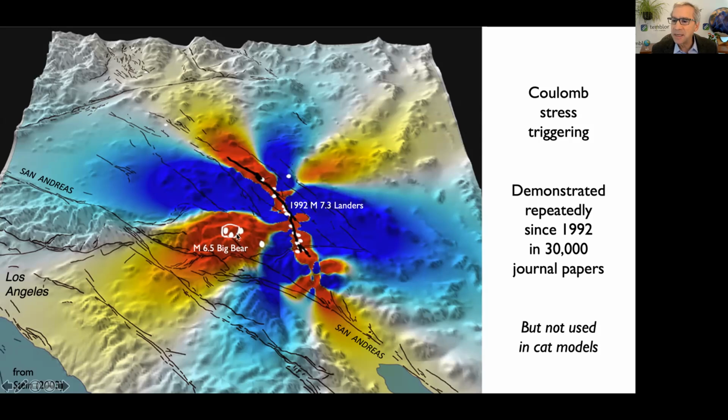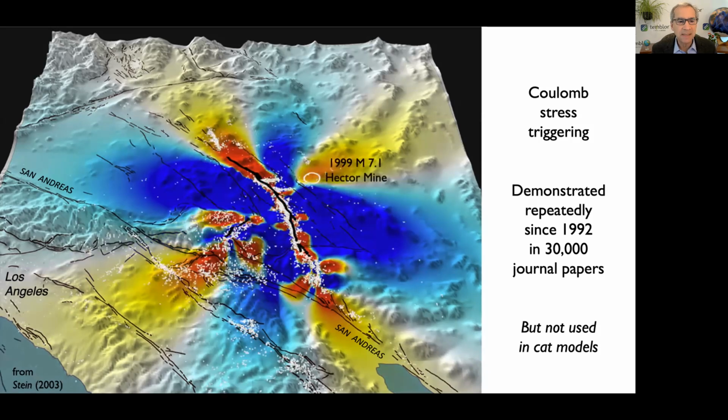A magnitude 6.5 earthquake occurred just over 3 hours later in this red zone. Now, this calculation was made long after that magnitude 6.5, so it's not a blind forecast. And you could further say, well, wait a minute, couldn't I just throw a dart on this map and I have a pretty good shot of hitting a red or yellow zone? Maybe, but we have 10,000 aftershocks. And they tell us the same story.